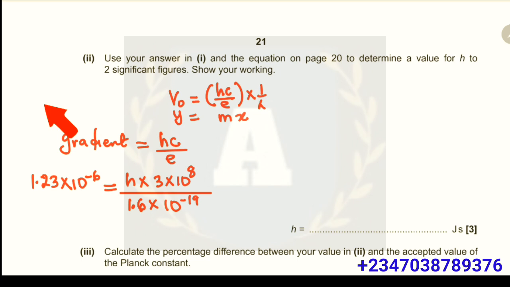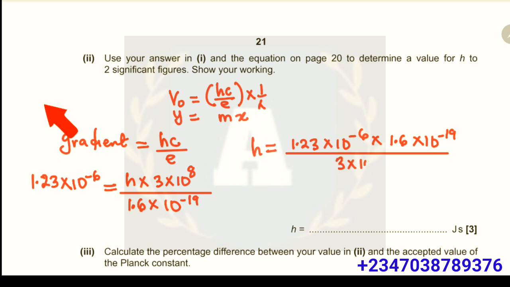All right, so on cross multiplication, h therefore will be equal to 1.23 times 10 to the power of negative 6 times 1.6 times 10 to the power of negative 19, divided by 3 times 10 to the power of 8.